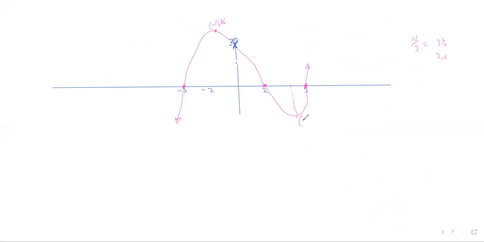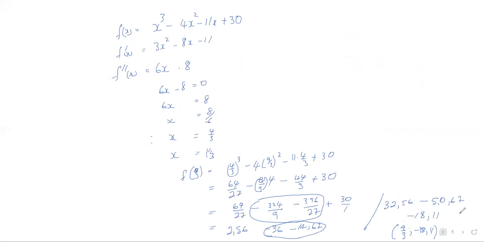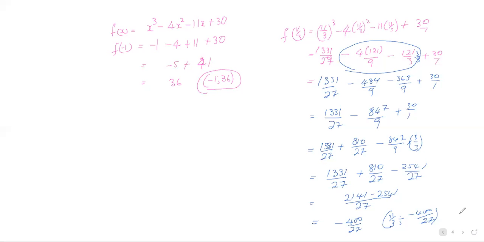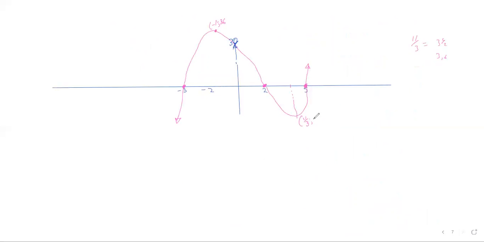So this is 11/3. And for our y value, we got the y value as -400/27, which is -14.8. Now that's your graph.